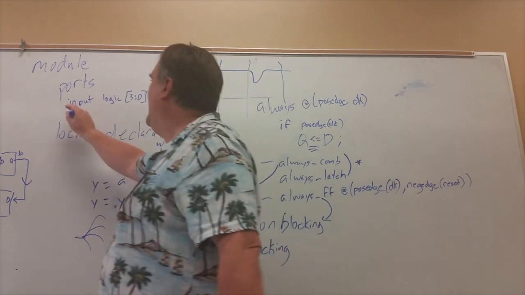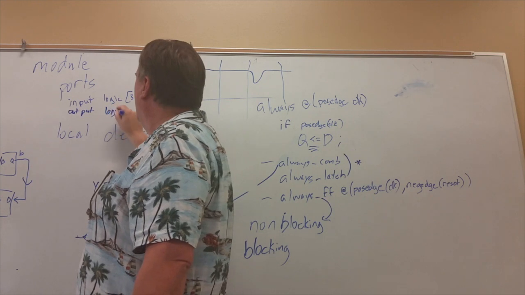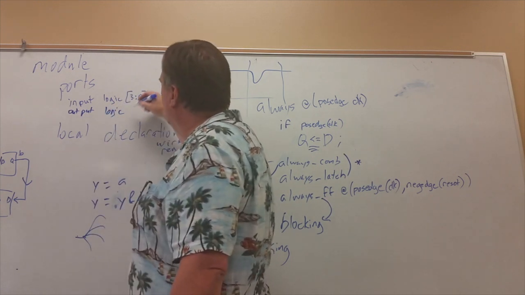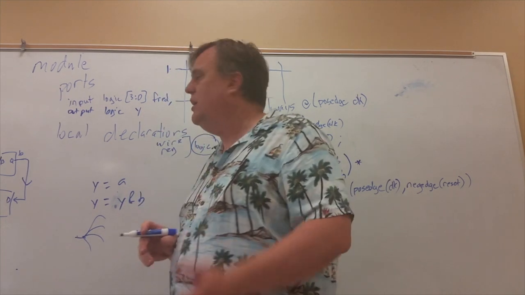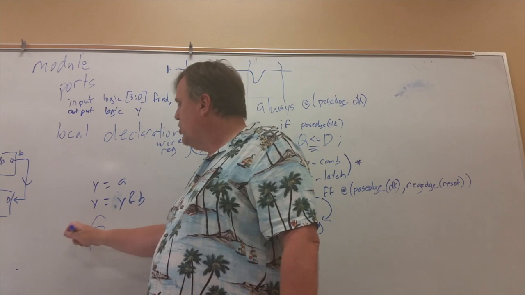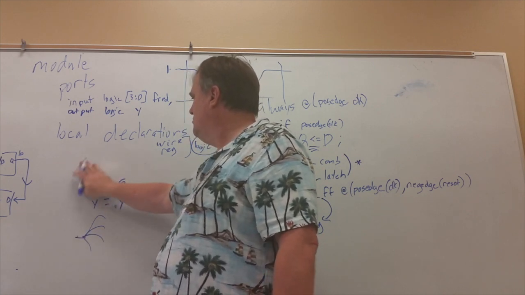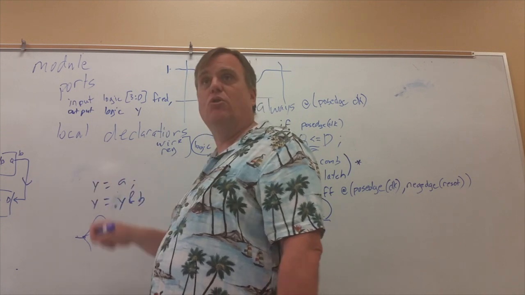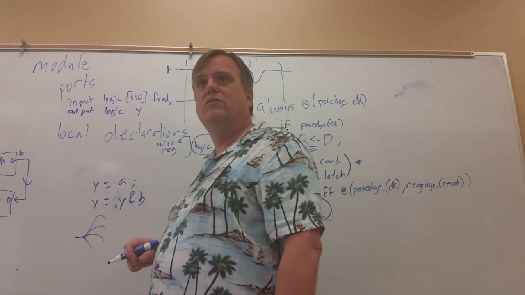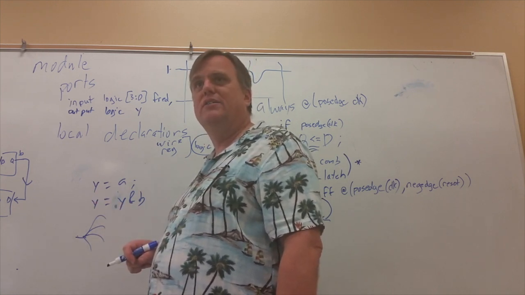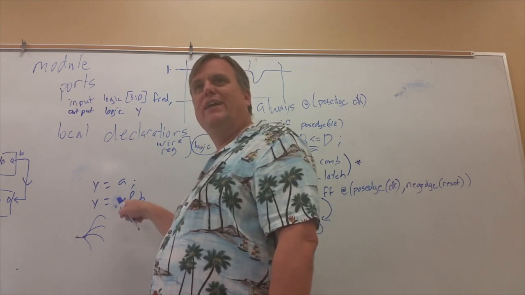So if I had in here also an output logic, let's say it's just 1 bit, Y. That would mean you could write to Y. Let's say right here, Y equals A. That's legal, assuming A is defined somewhere. Is this legal? Still writing to Y. Why? Y can never appear on the right-hand side.